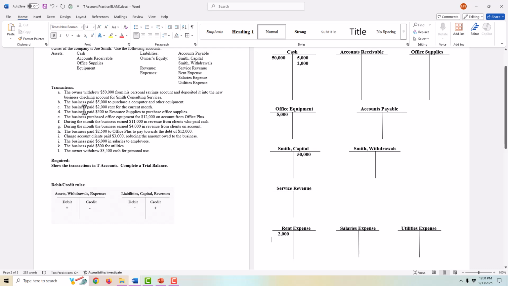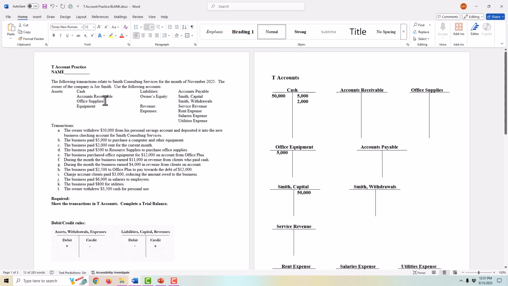Okay, and then the next one, the business paid $500 to Resource Supplies to purchase office supplies. Office supplies is an asset, so that's going to add to office supplies because they're increasing the amount of office supplies available in the business. And that's also going to subtract from cash because they're paying for something.